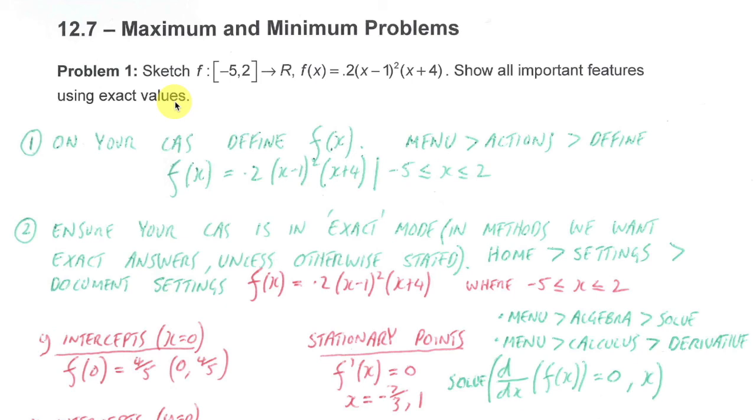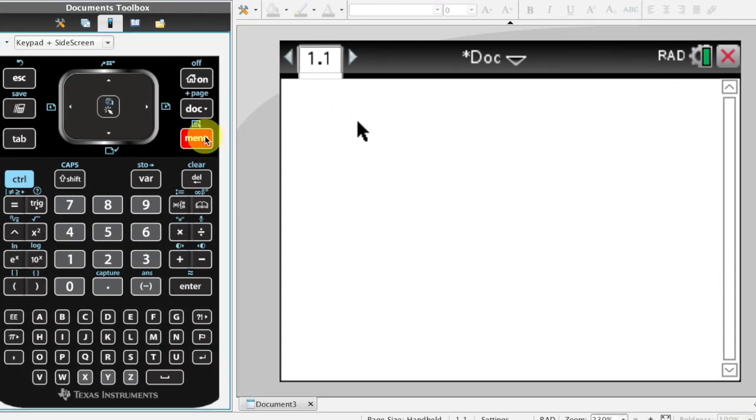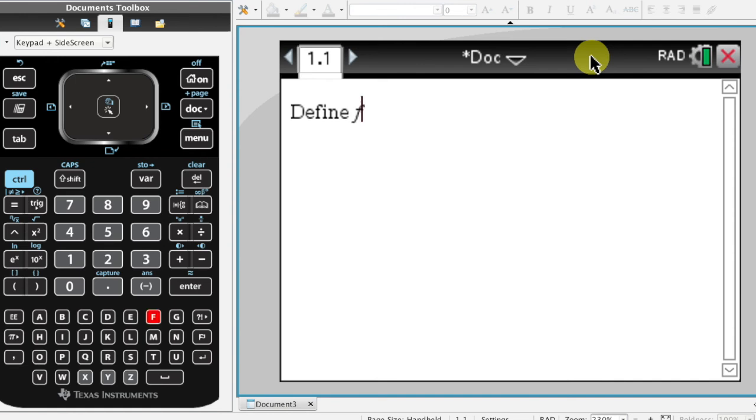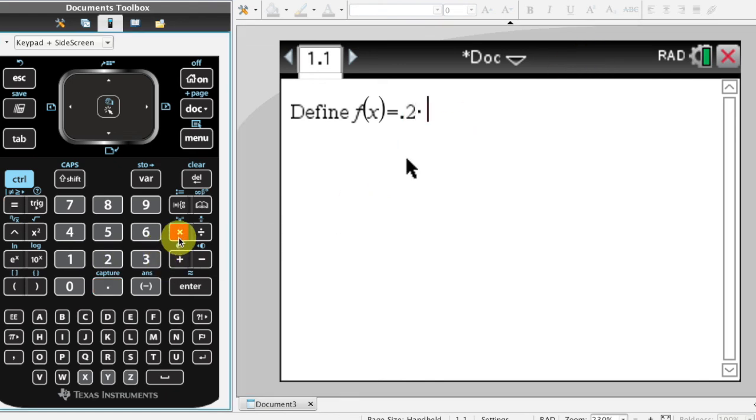So let's first of all put in our function f of x with that domain restriction in place into our CAS. So menu, actions, define, and I've got f of x is going to equal 0.2 being multiplied by the bracket x minus 1 to the power of 2 being multiplied by the bracket x plus 4.